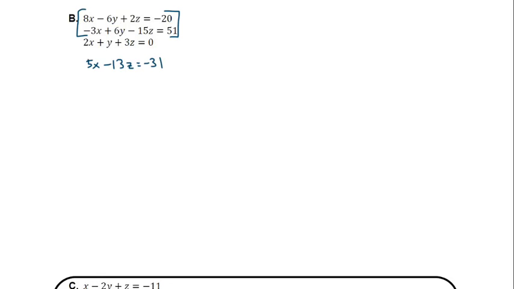So first things first, let's move this over to where I can see it. 8x minus 6y plus 2z equals -20. Alright? So what I'm going to do is multiply this equation down here by +6.